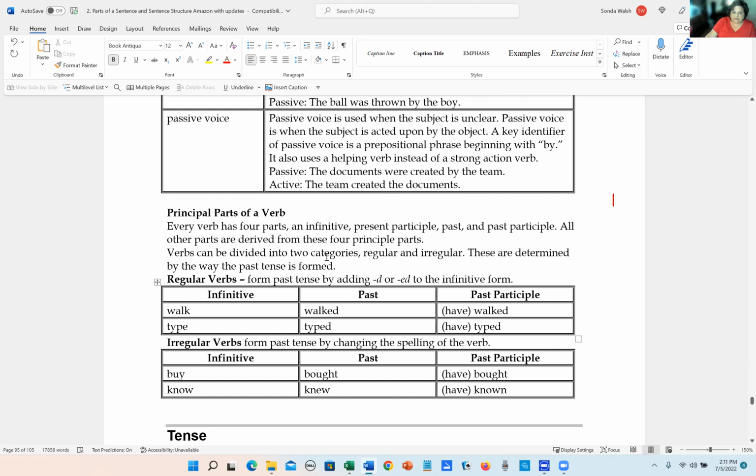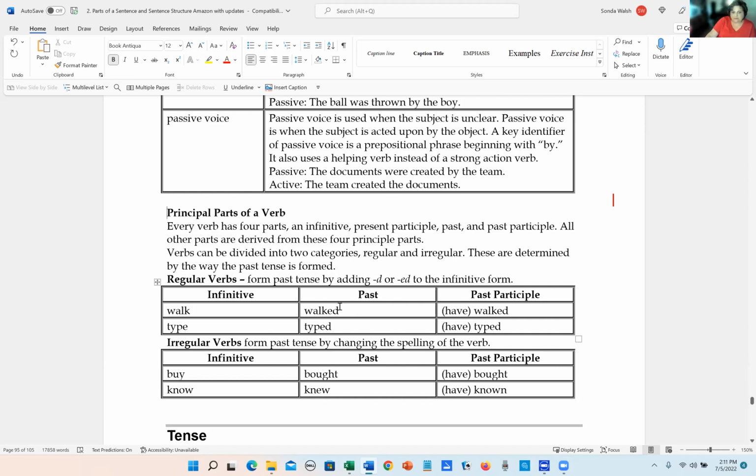There's 2 categories, regular and irregular. A regular verb is a verb that forms its past tense with the letters D or ED. So a regular verb would be stop. In order to make a past tense, today I stop, yesterday I stopped. But the word run is an irregular verb because in order to make a past tense, you wouldn't say runned, you say ran.